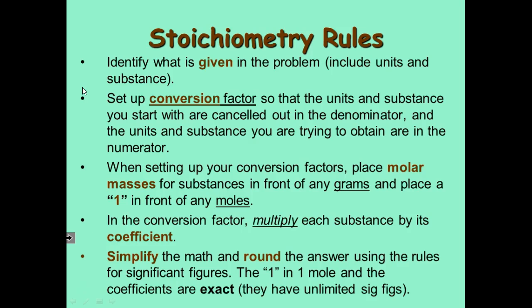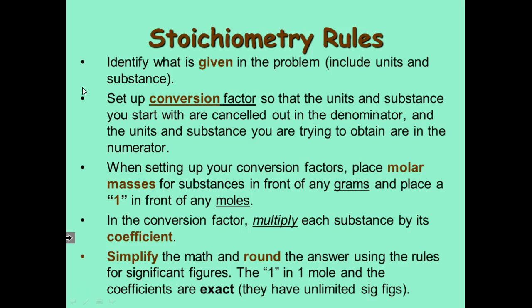We set up our conversion factors just like we've always done, so that whatever we start with gets canceled out. You want to make sure you include, again, both the unit that you're working with as well as the chemical formula for your substance. And then we put the units and the chemical formula for the substance we're trying to find out about in our numerator. In our conversion factors, right now we're just going to be dealing with moles and grams, and we spent a fair amount of time on that at the beginning of January.